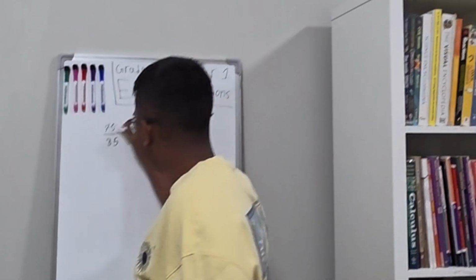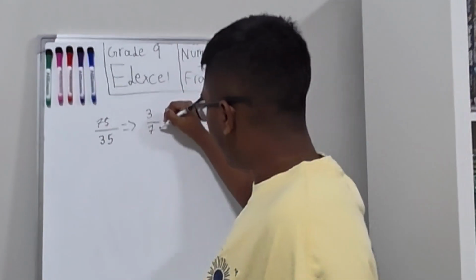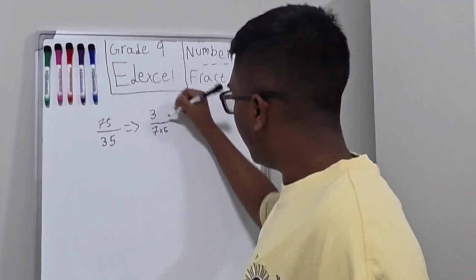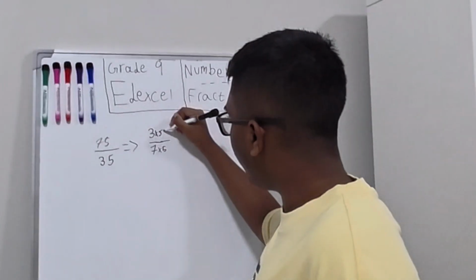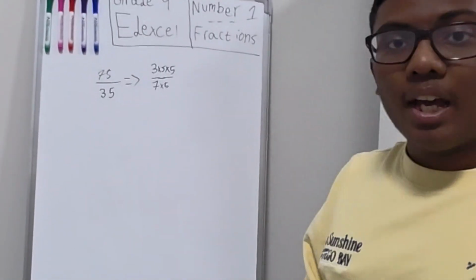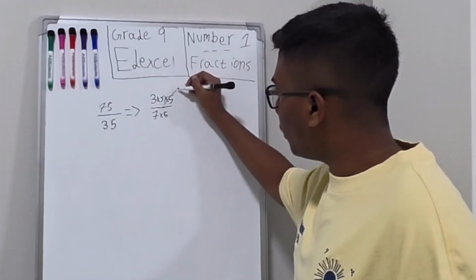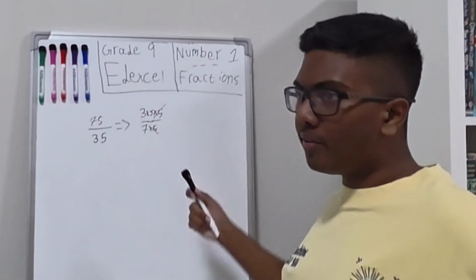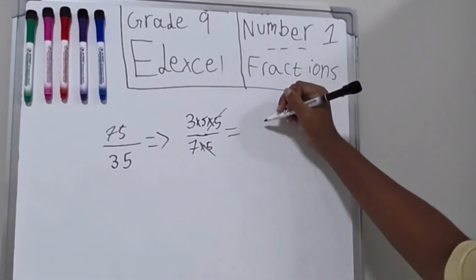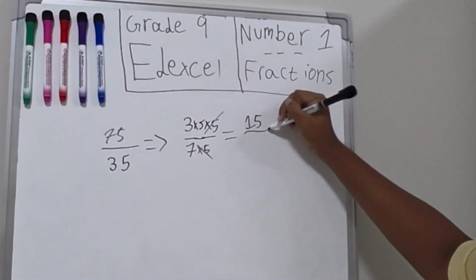So 75 by 35. Now this would be 7 times 5 divided by 3 times 5 times 5. And in this case, you will only be able to cancel one of these 5s from each side. So you would be left with 15 over 7.